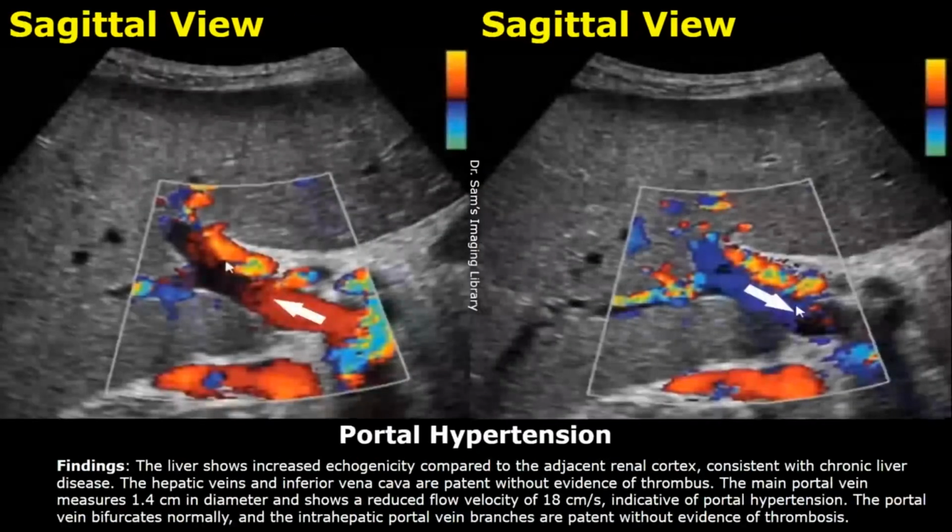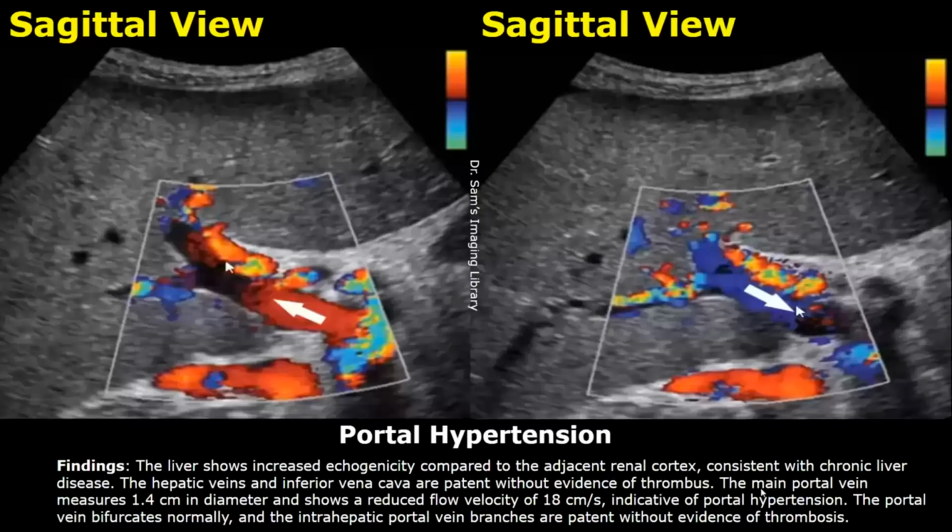Now we will look at portal hypertension. It is usually associated with liver cirrhosis or chronic liver disease. So you can mention the liver's appearance, and also you can write about the appearances of inferior vena cava and hepatic veins.